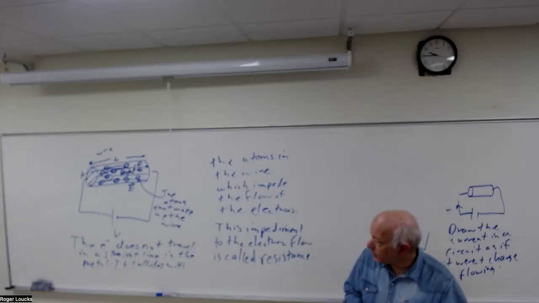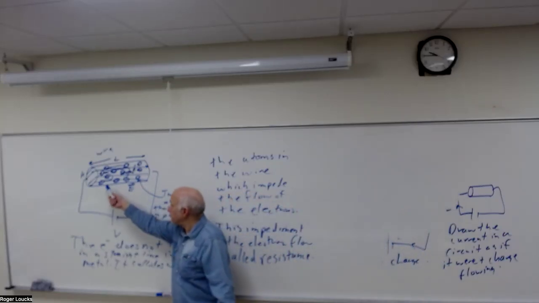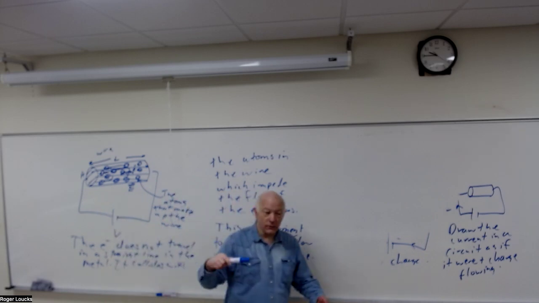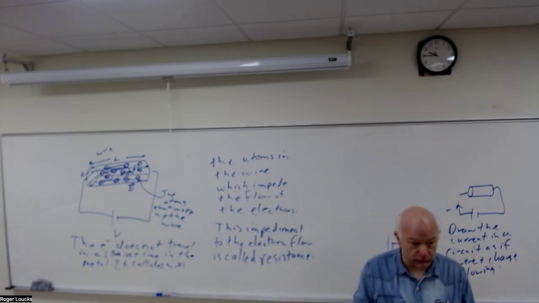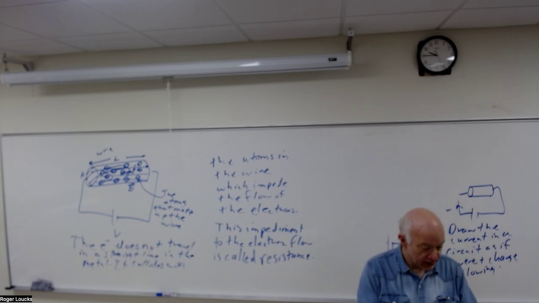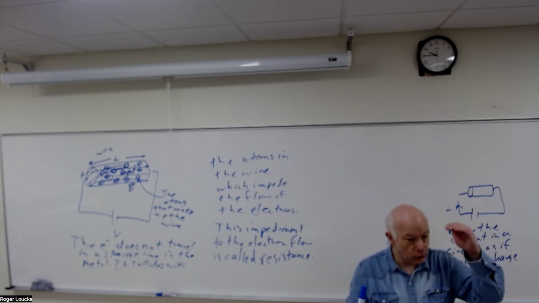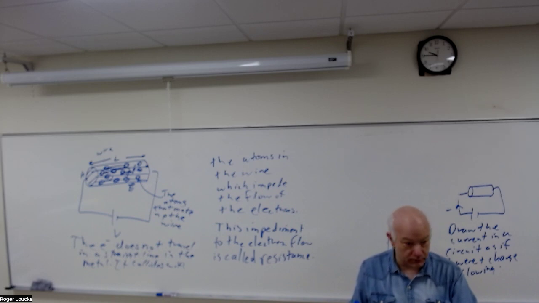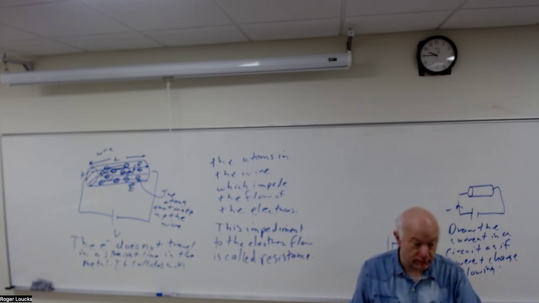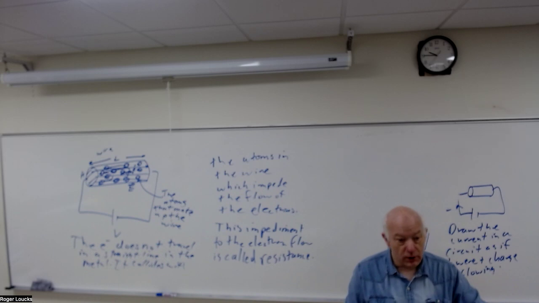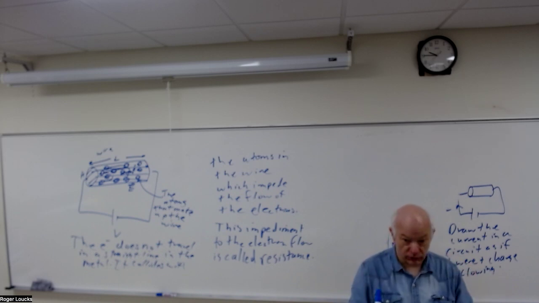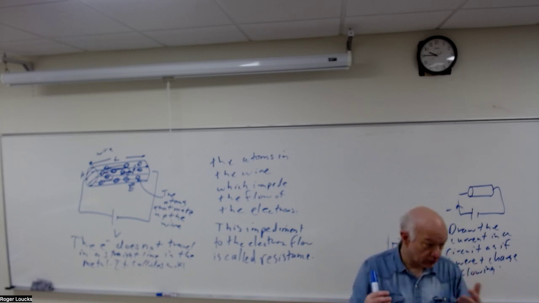No. Okay. You would think that this occurs in absolutely everything, and it does. However, there are certain materials called superconductors, lead, tin, the kind of poor conductors normally. If you cool them to really low temperatures, like liquid nitrogen or liquid helium temperatures, the resistance in that material actually goes to zero. And then they conduct without any loss.